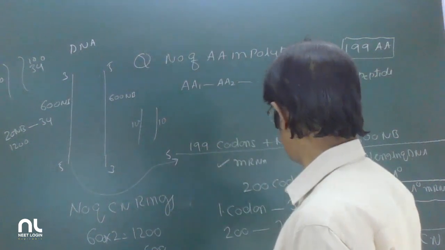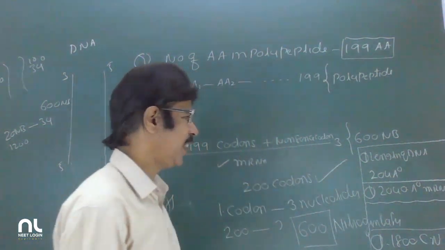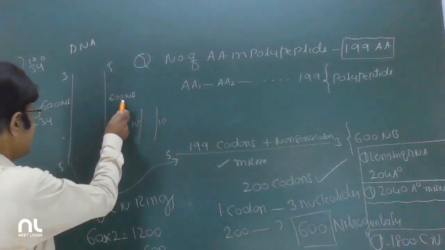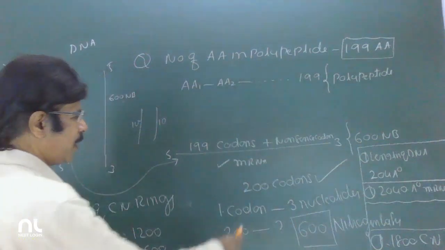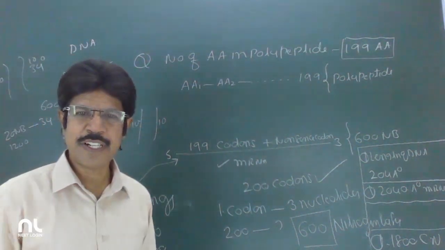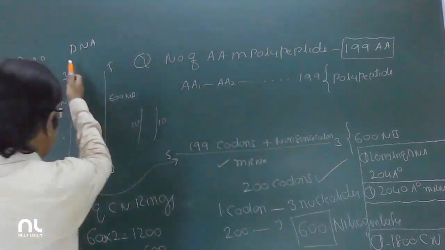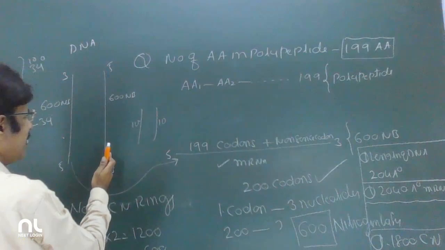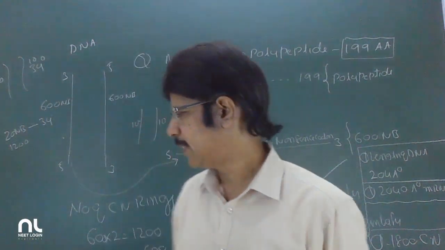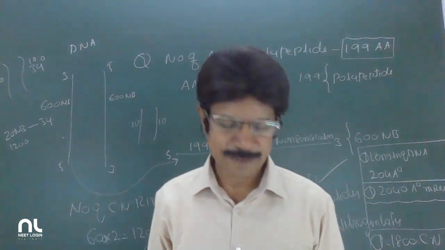For 600 nitrogen bases, it comes to 2040. In DNA, two strands, 600 and 600. Total codons 200, one codon 3 nitrogen bases, 200 into 3, 600 nitrogen bases. Another 600 in DNA, total 1200. So 600 into 2 plus 600 comes to 1800 carbon nitrogen rings.